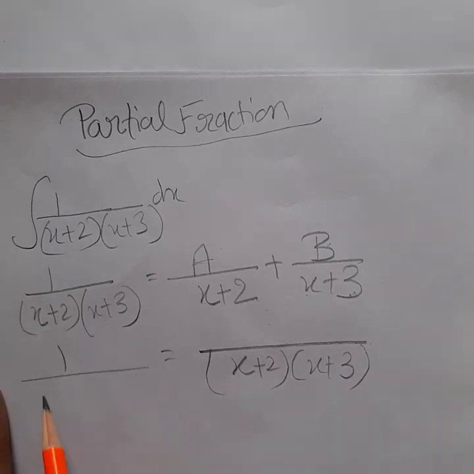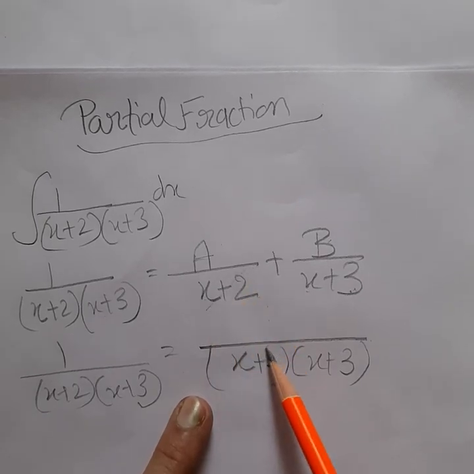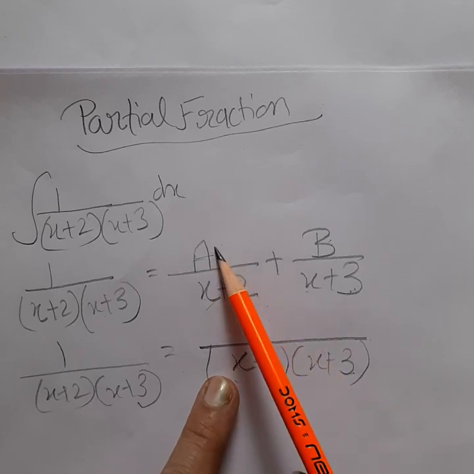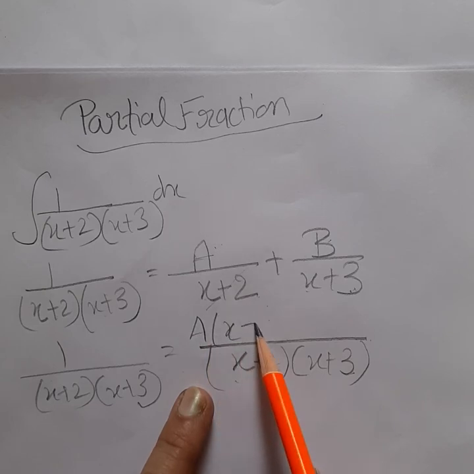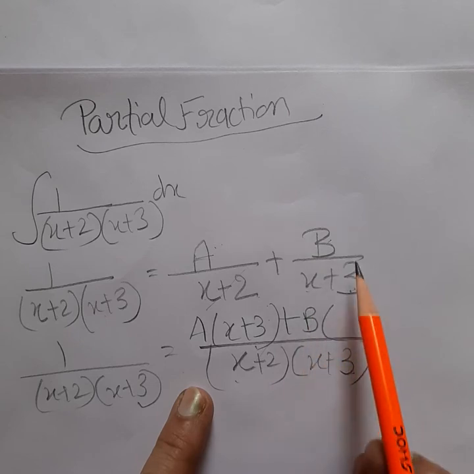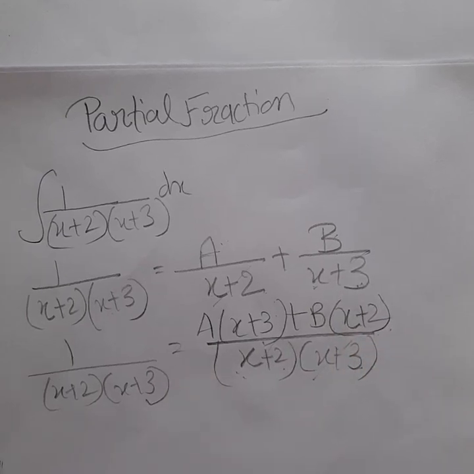We write the left hand side function again, and when we take the LCM, we cancel x plus 2 with x plus 2 and multiply x plus 3 with a. So we write a times (x plus 3), and for b we cancel x plus 3 and are left with x plus 2, and multiplying by b we get this equation.